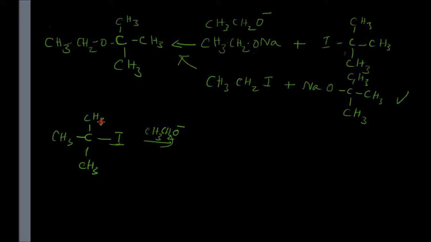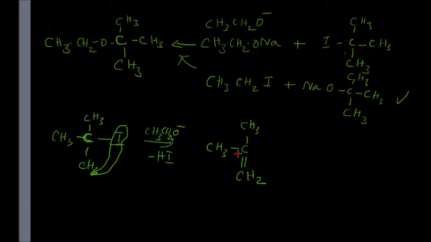There are 3 beta carbon atoms, that is the carbon atoms attached to this carbon atom, that is the adjacent carbon atoms. It will pick up a hydrogen from one of the beta carbon atoms and leave as hydrogen iodide, that will be removed, and you have here butene as the product.